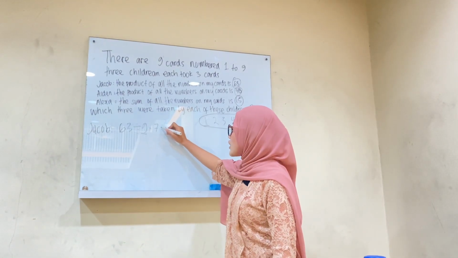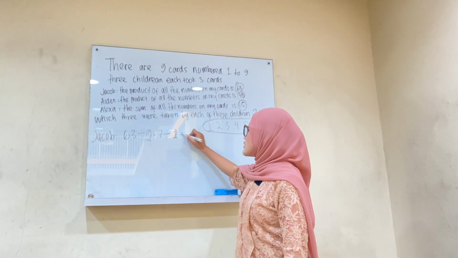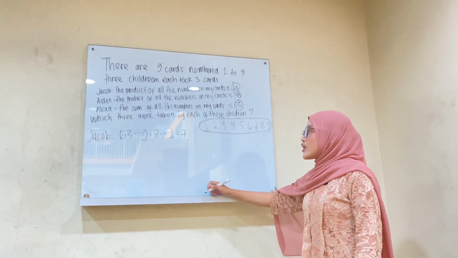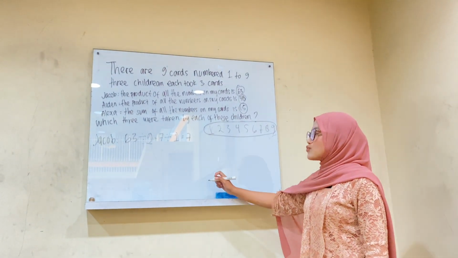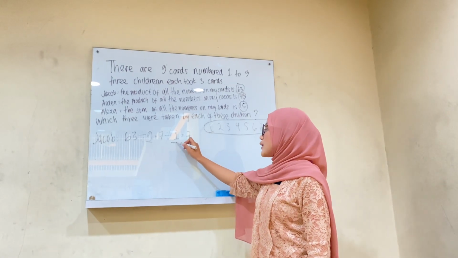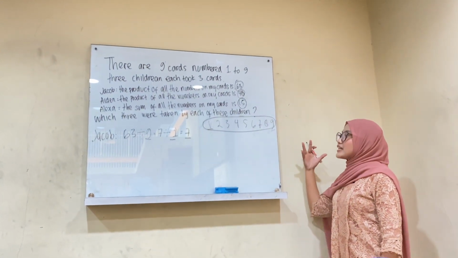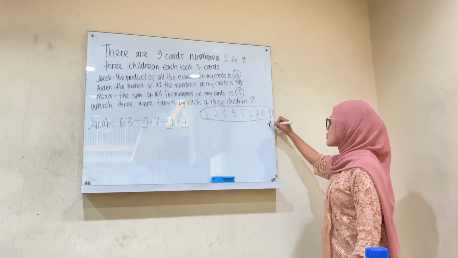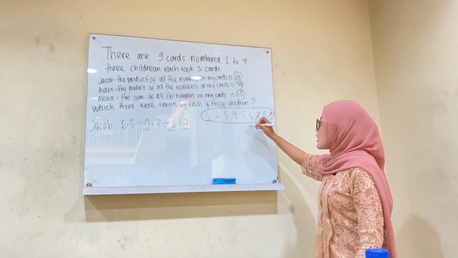So we divide 7 by 1, which equals 7. So we know that the 2 more cards of Jacob are 7 and 1. We're gonna mark it up here to make it easier. I use the star symbol for Jacob, and then 7 and then 1.